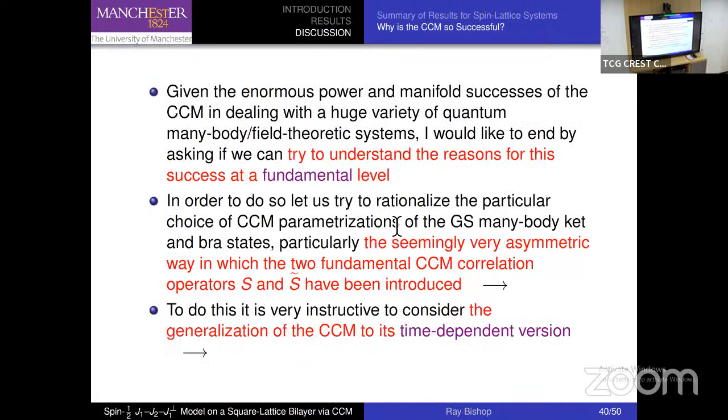So given this power of the method, can we try to understand why it's working so well? I can give you some clues as to that. It may seem arbitrary, but one way to do this is to expand our horizons.